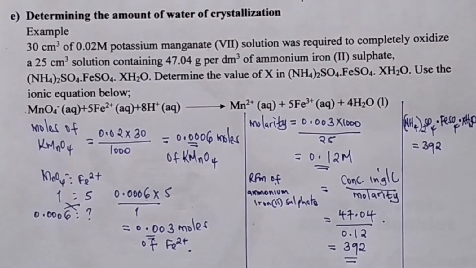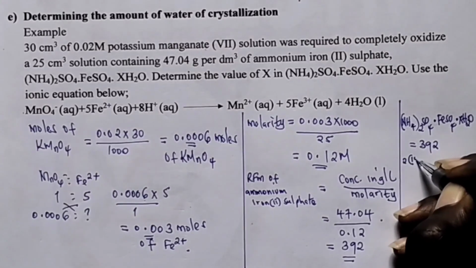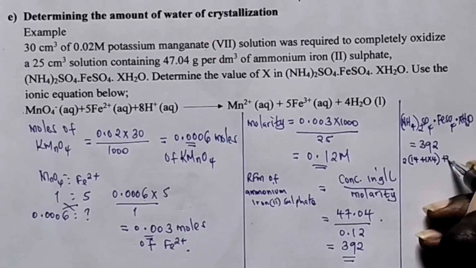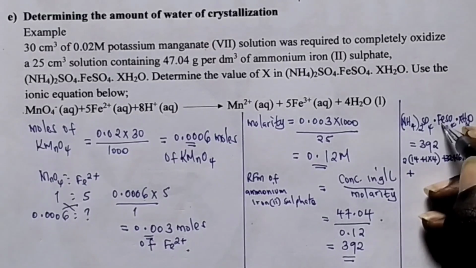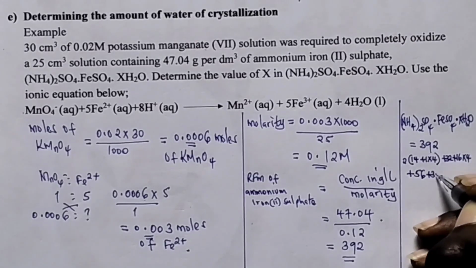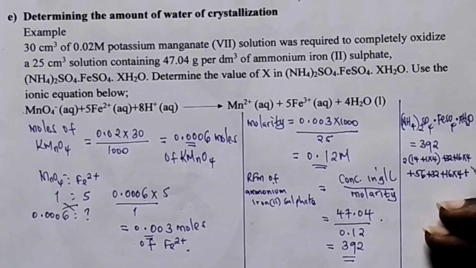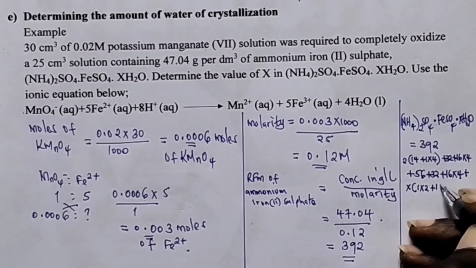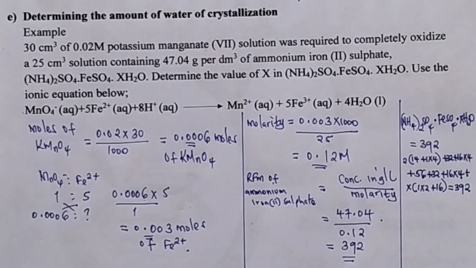So we have 2 in bracket: 14 for nitrogen, 1 times 4 for hydrogen, plus sulfur 32, plus 16 times 4, plus iron, which is 56, plus sulfur 32, plus 16 times 4 for oxygen, plus x in bracket: 1 times 2 for hydrogen, plus 16 for oxygen, close bracket. All of this will be equal to 392.